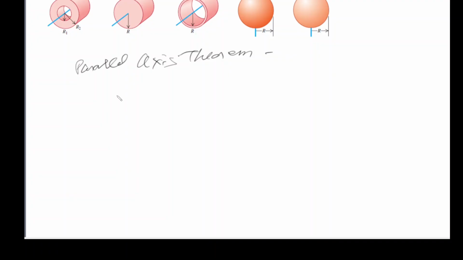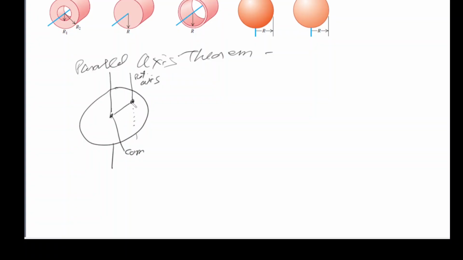So for example, if you have a mass and this axis is going through its center of mass, but the rotation axis is over here, so this is the rotational axis, it can be hard to find what its rotational inertia is through this axis.